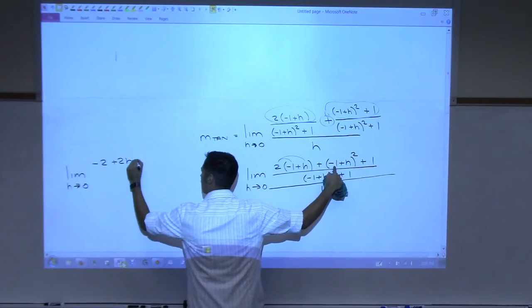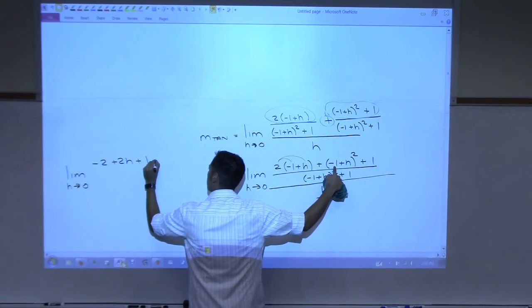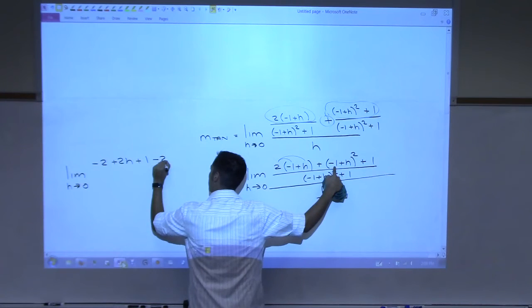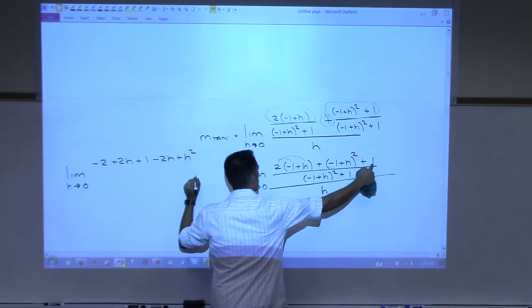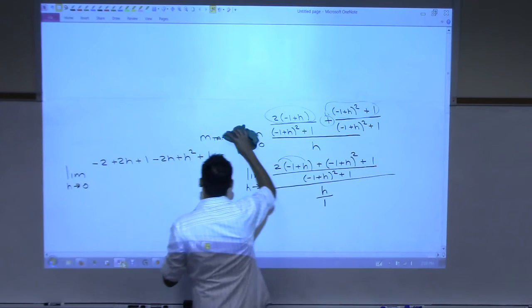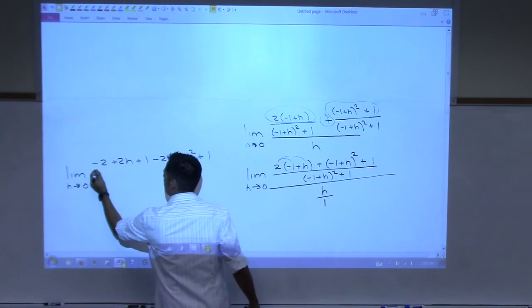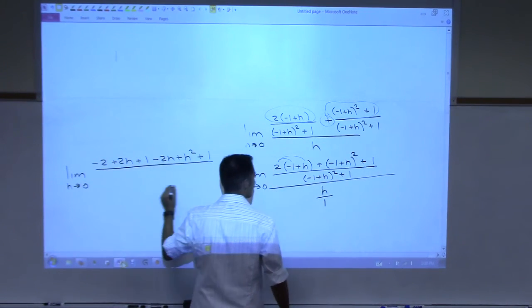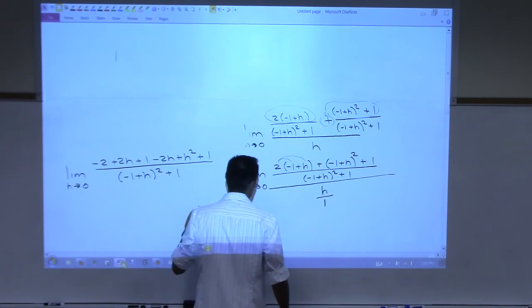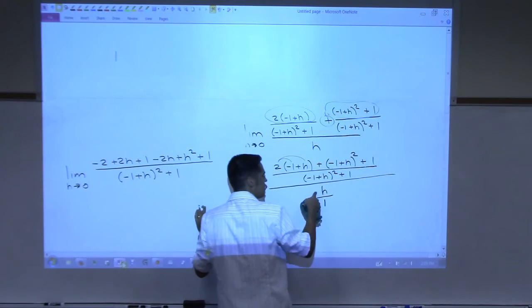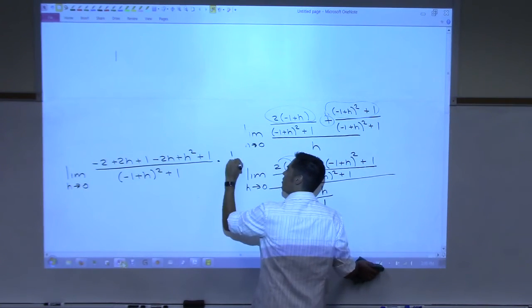You should get plus 1 minus 2h plus h squared, then plus 1. And that's over our common denominator. Notice I'm not multiplying out the common denominator. I'm just leaving it. And then this, I'm going to flip it and make it times 1 over h out here.